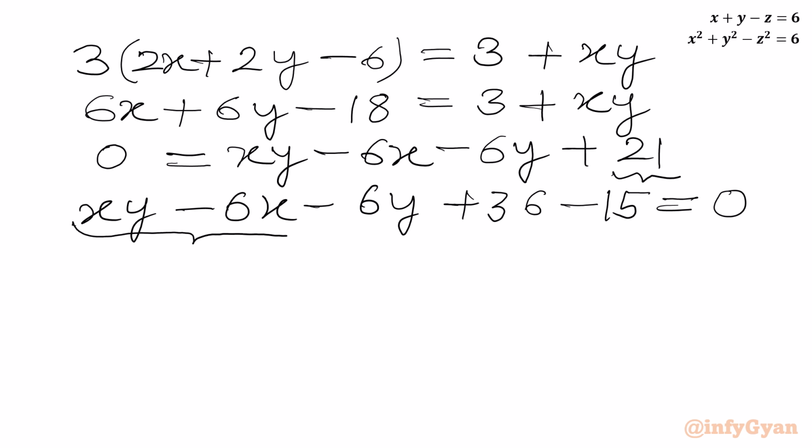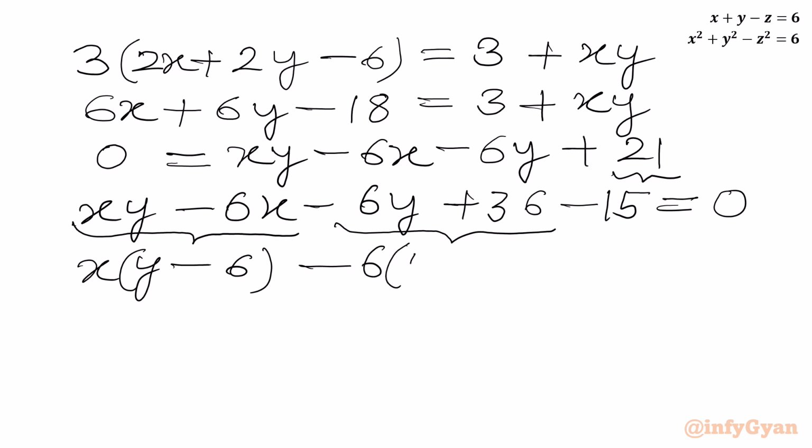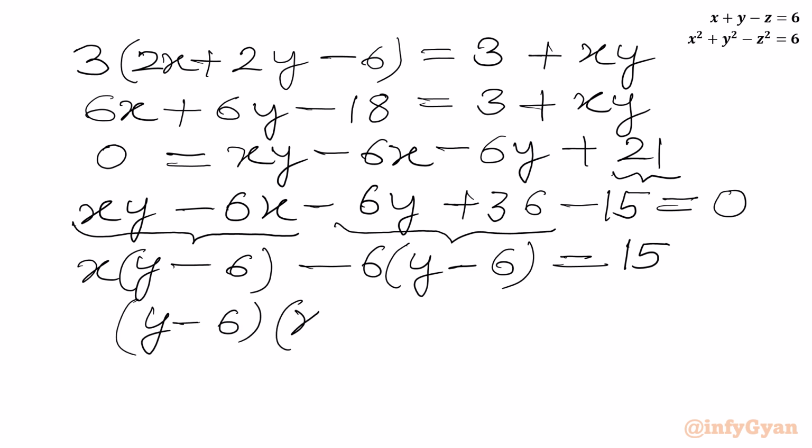Now x is common from here and we can take minus 6 common from here. So in bracket we'll get y minus 6 and minus 6 is common, in the bracket we'll get again y minus 6. And if I will write minus 15 to RHS, then it will be plus 15. Now y minus 6 is common. I will write y minus 6 times x minus 6 equal to 15.